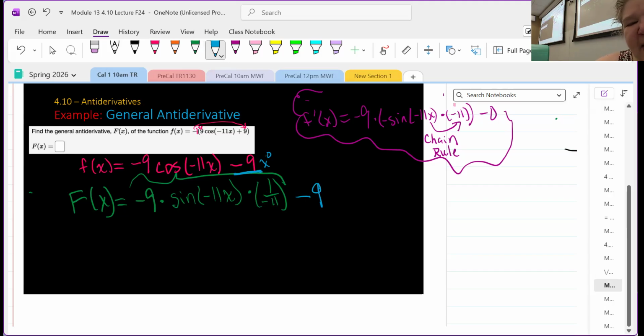So the negative 9x to the 0, that x to the 0, I'm going to add 1 and divide by it. So it'll be x to the first over 1. And then as always, there's that potential for some unknown constant term.